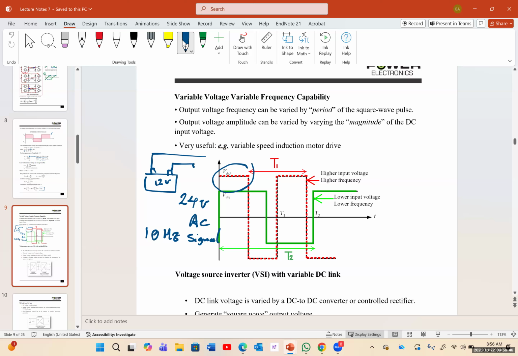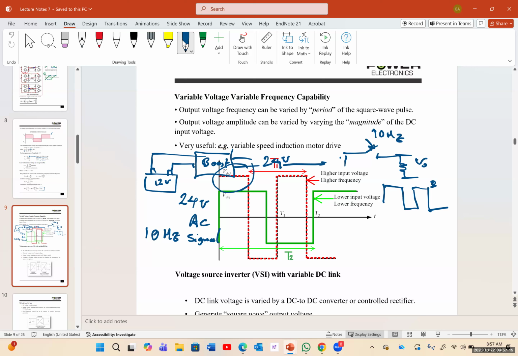If you use a boost converter exactly after the battery, you can convert it to 24 volts, for example, and then run that 24 volts through a switch or a chopper, and then at the end, you're going to have this, by the way, our V output, and this is going by 10 hertz. So at the end, you're going to have a voltage that is 24 volts, 10 hertz, and the input was just a 12 volt DC.